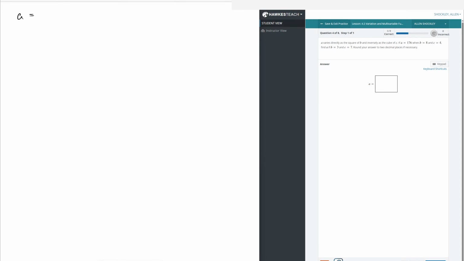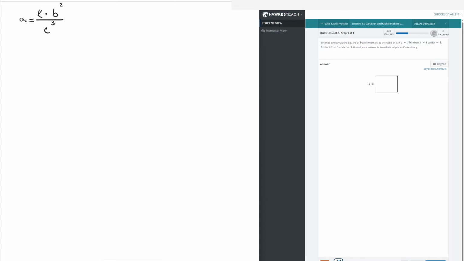A varies directly as the square of B, so B squared, and inversely as the cube of C. So we have this. If we wanted to, we could go through and make it look just a little bit prettier. Okay, now we have our equation.